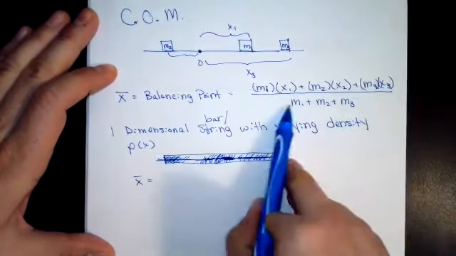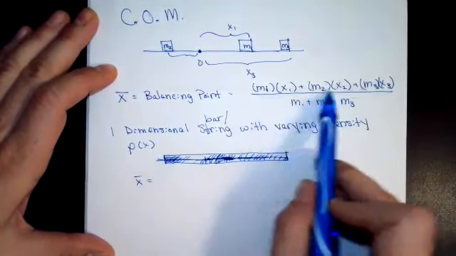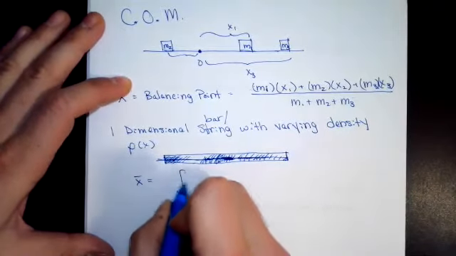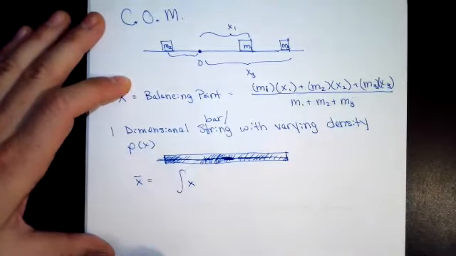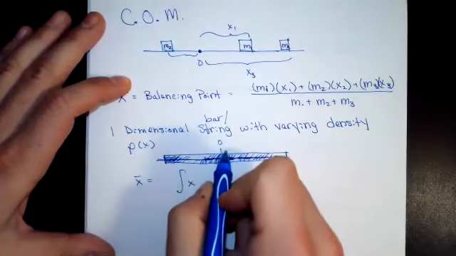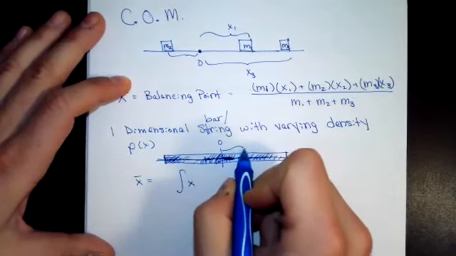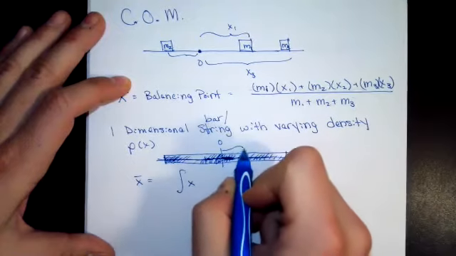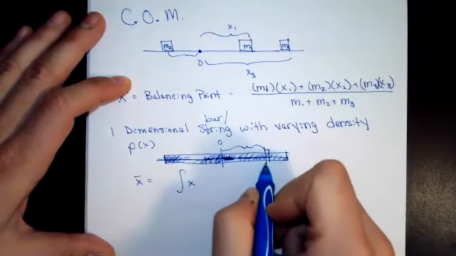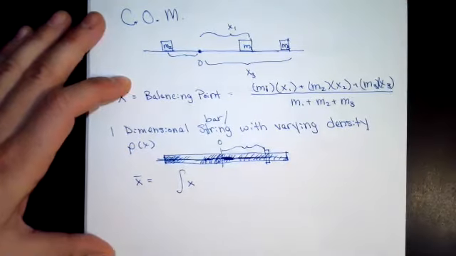Well, essentially we want to turn this into a weighted integral. It's going to be the integral of the distance, so wherever we pick our origin at. And then we can kind of think of cutting the bar up into infinitesimally thin slices.